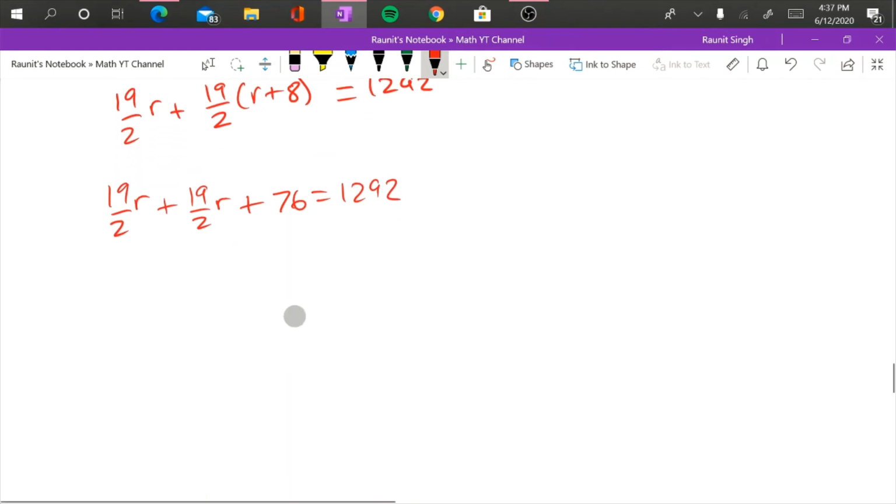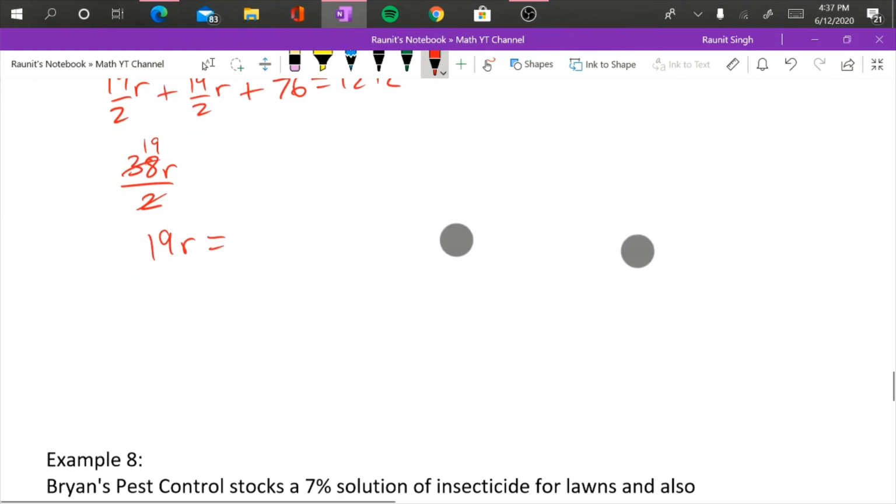And then we're going to just add everything up and simplify. So add up the r's, subtract 76 from both sides, and then we are going to get 38r over 2, which really is 19r. So it's just going to be 19r, which is equal to what's 1292 minus 76?